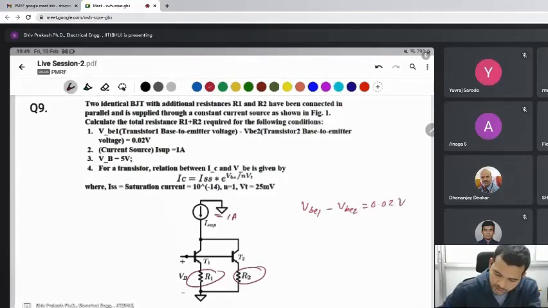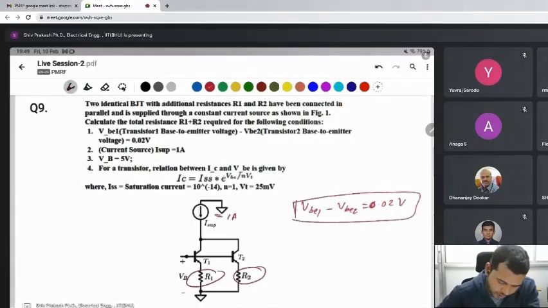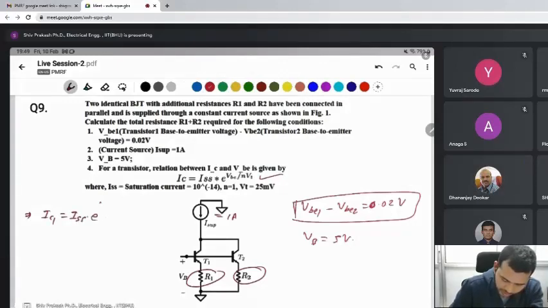This is not the same value; it is different for both. To find IC1, you take ISS e to the power VBE1 divided by nVT, where n is 1, VT is 25 millivolt, and ISS is given.